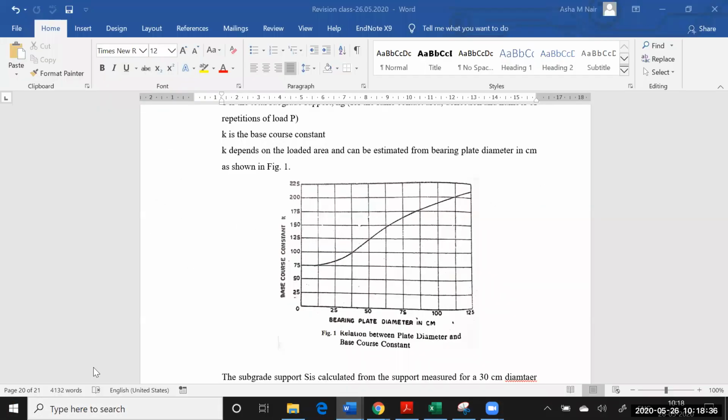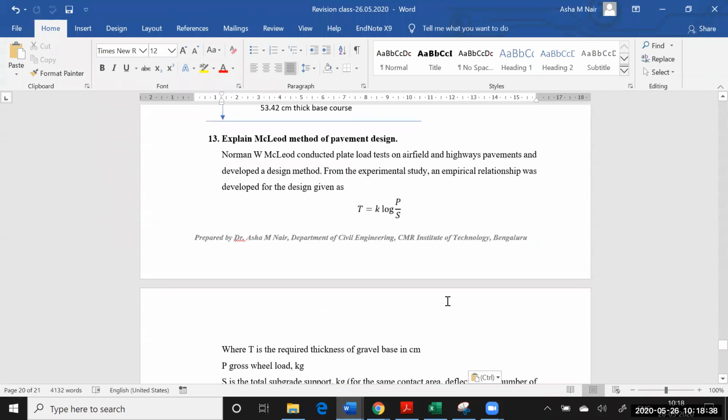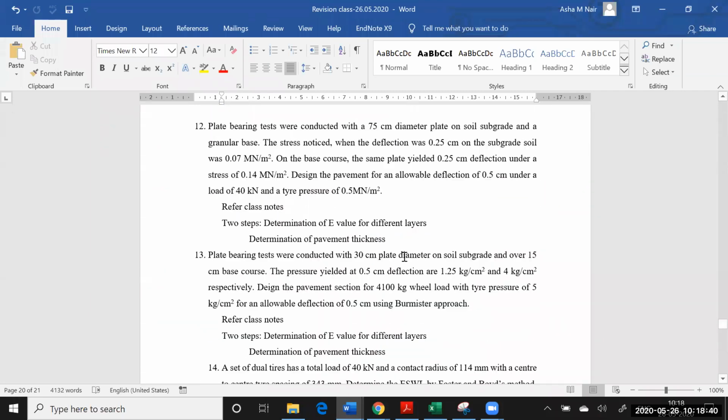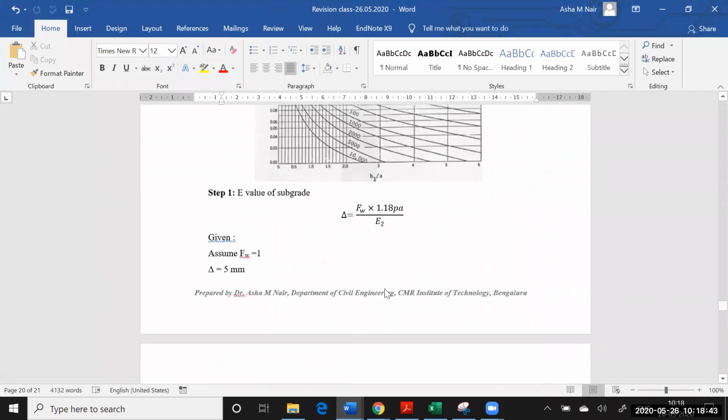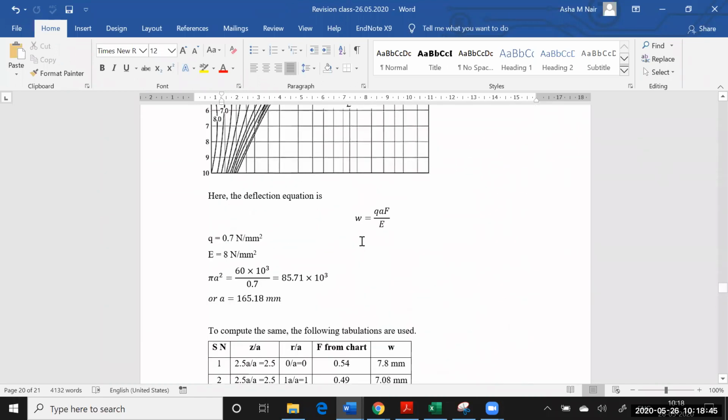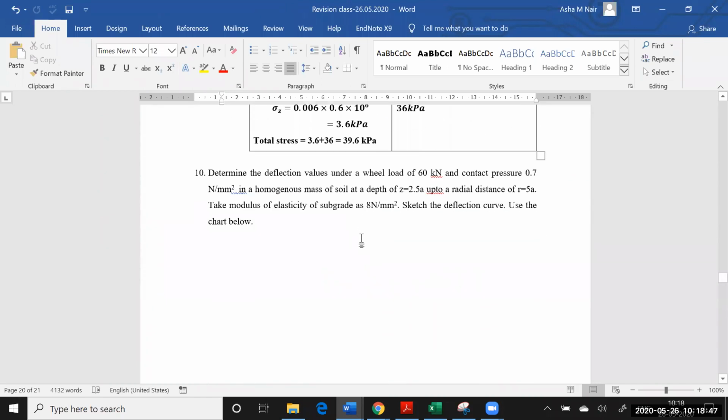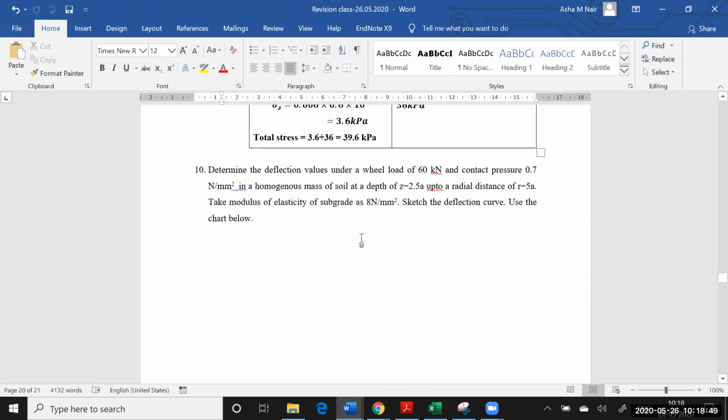I am doing the revision classes in one file, so that this will help you understand the problems that we have discussed. This is the same question. I have to copy down the question. Please look here. This is a typical case wherein we have to use Foster and Ahlvin's chart.